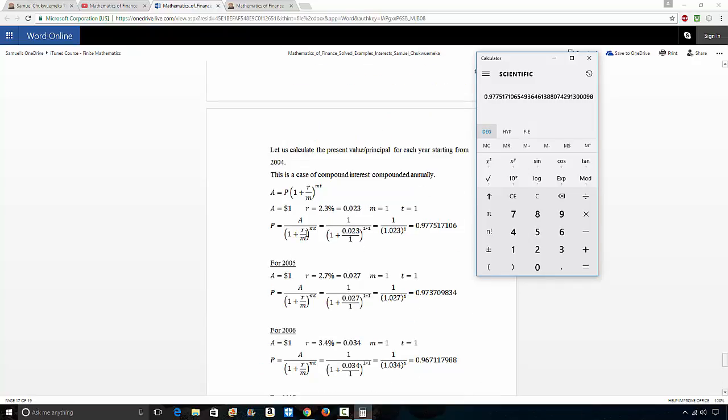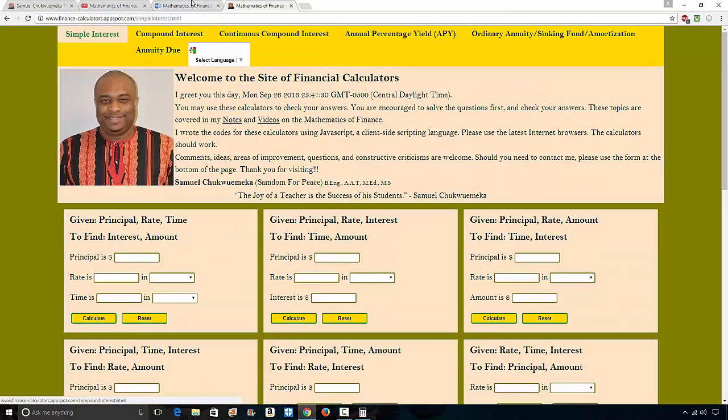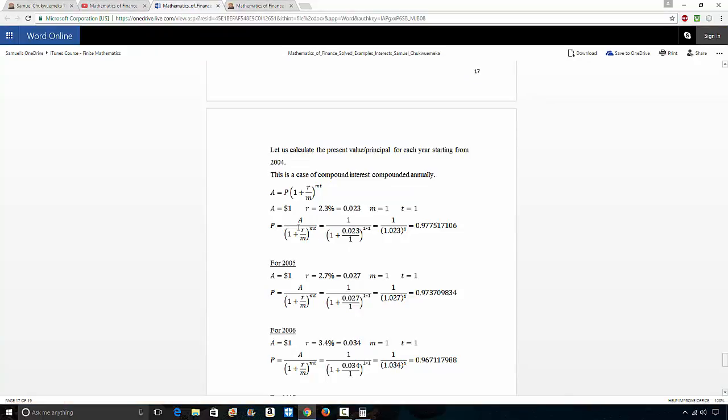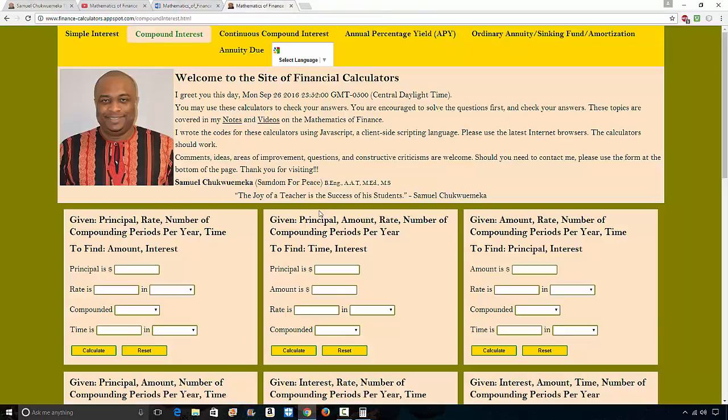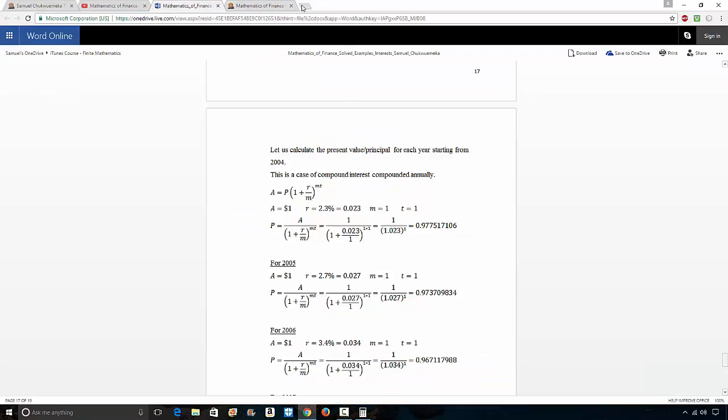But if we do 2004 just with the calculator on my site here, this is compound interest, compounded annually, and I'm looking for the principal. I'm given the amount, rate, and time. So the amount is $1. The rate is 2.3%.